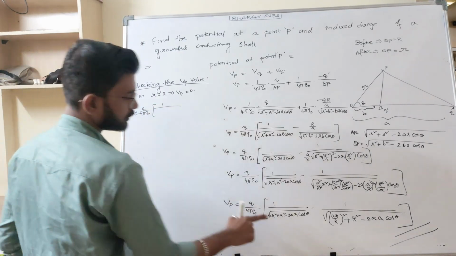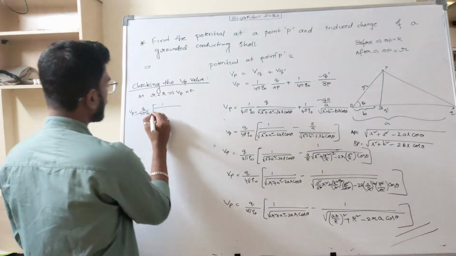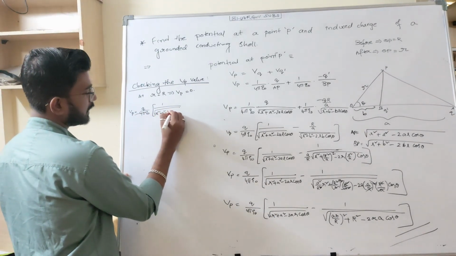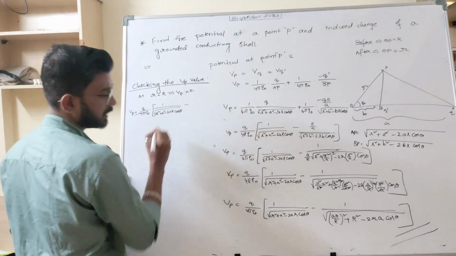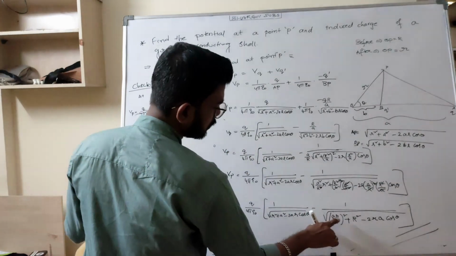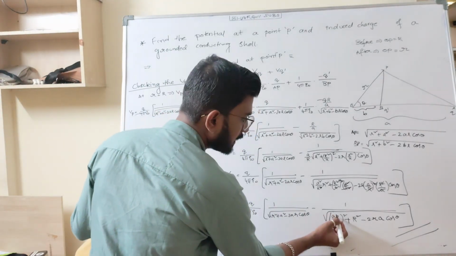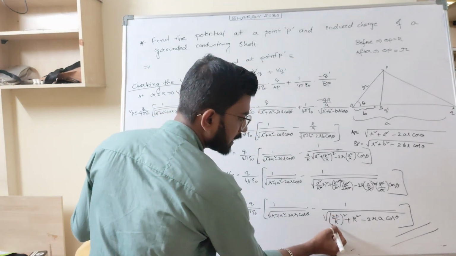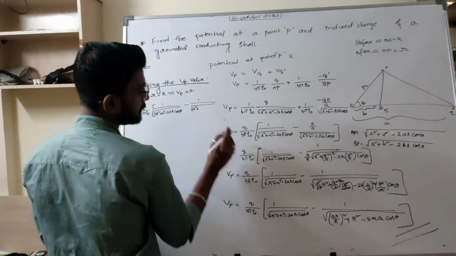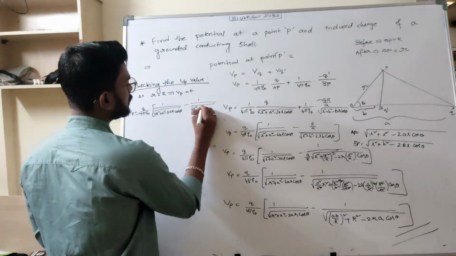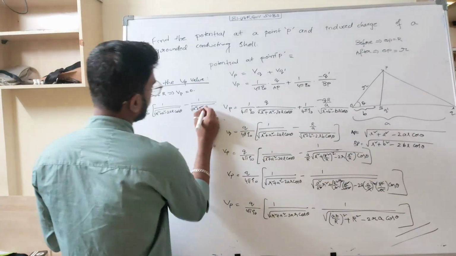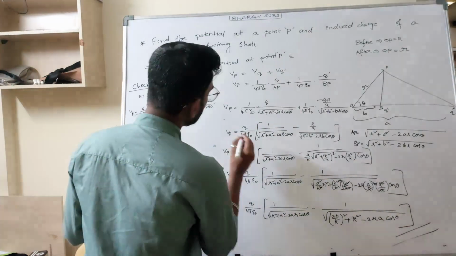In the place of smaller r I am taking capital R. So root over r square plus a square minus 2ar cos theta, minus 1 by root over here also. If I take capital R here, r gets cancelled. So finally I will get a whole square, so a square plus r square minus 2ar, with capital R in place of smaller r, into cos theta.